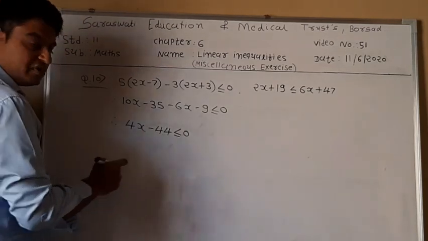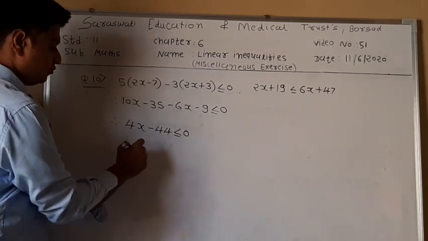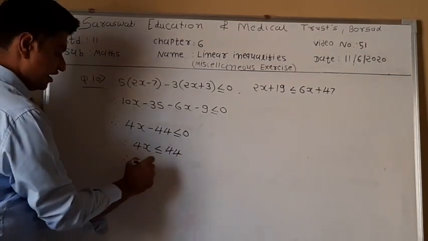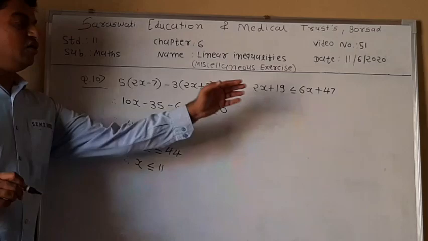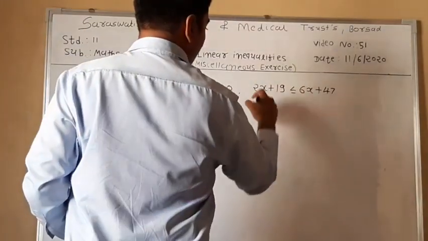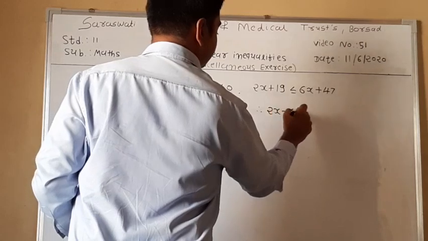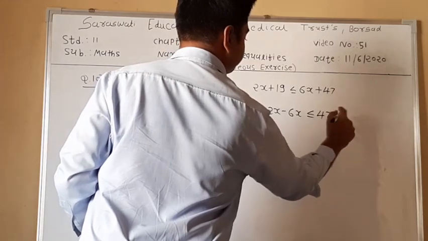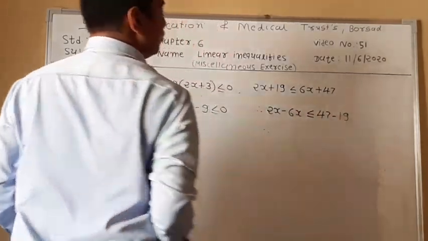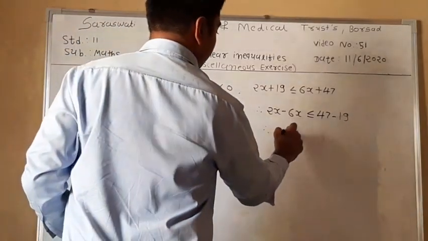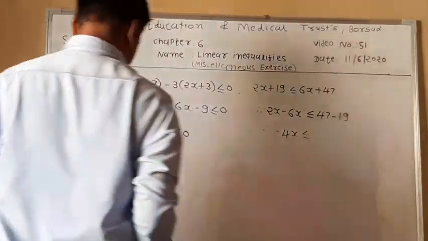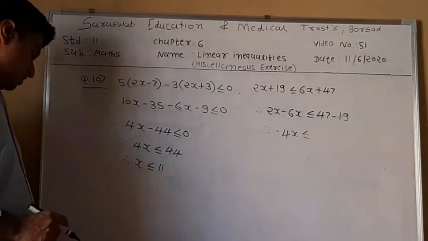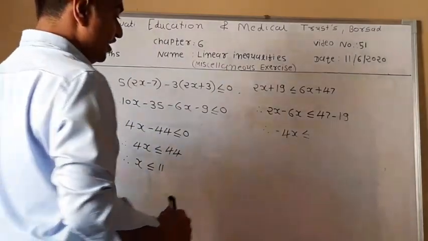Now write minus 44 on the opposite side, so 4x less than or equal to 44. Now divide by this term, so x less than or equal to 11. Now in the second inequality, 2x minus 6x less than or equal to 47 minus 19. 2x minus 6x, that means minus 4x less than or equal to 28.